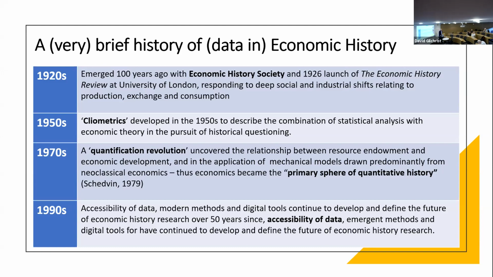Now that has two impacts: one which I've already spoken about, which is what themes and what things are actually investigated become important, but then subsequently the growth and the change in economic history and its description became very important. As we get to the 1990s, of course, the amount of data that's accessible becomes much more significant, not just because data is being created increasingly in modern terms, but also because, as I said before, the technology for access to that data has been a really important element to being able to use that data for your evaluations.